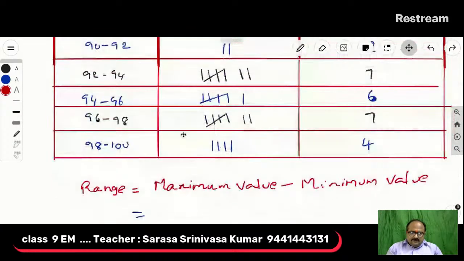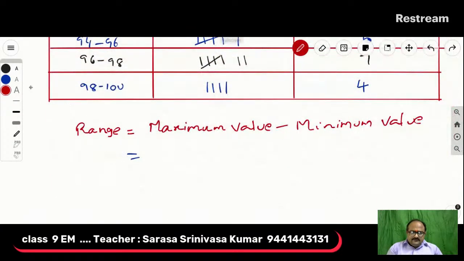We note down these values to find the range of the given data. The maximum value is 99.2 and the minimum value is 84.9.